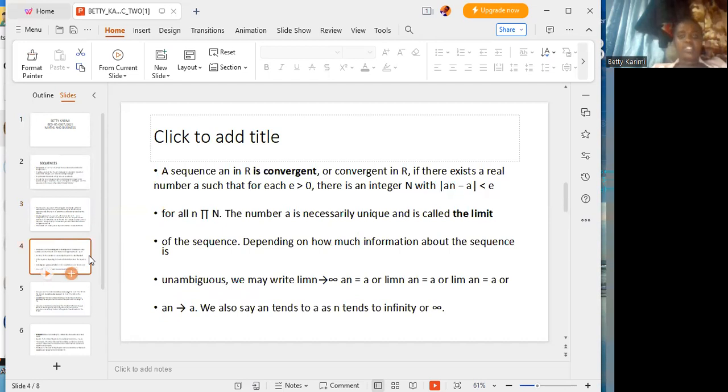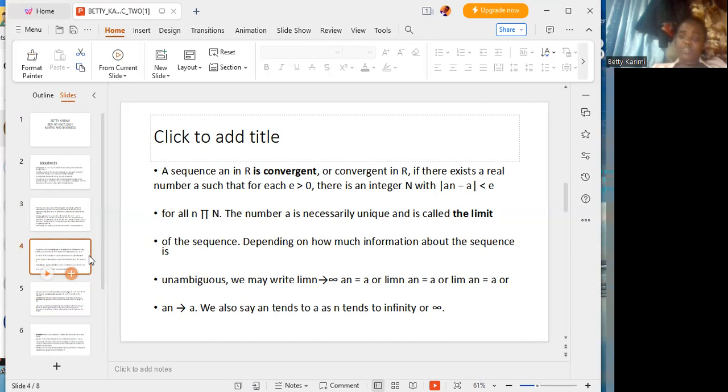A sequence (a_n) in the real numbers is convergent in the real numbers if there exists a real number a such that for each epsilon greater than 0, there is an integer N with |a_n − a| less than epsilon for all n greater than or equal to N. The number a is necessarily unique and is called the limit of the sequence.